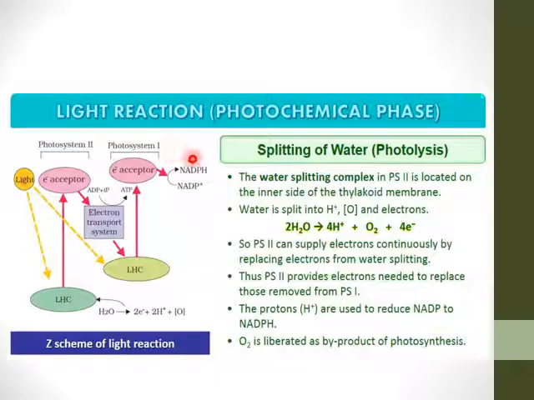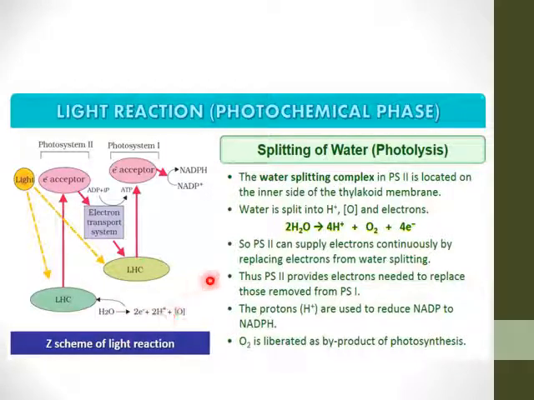So the next step, that is the first step of your light reaction, that is splitting of water, known as photolysis. The water splitting complex in PS2 is located on the inner side of the thylakoid membrane, and the water is split into hydrogen ions, electrons and oxygen.